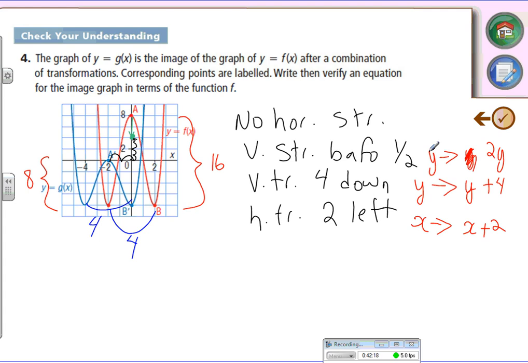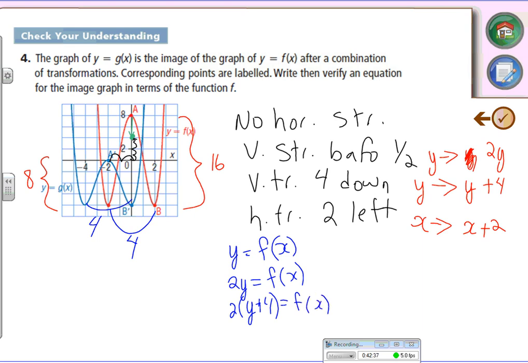So we're starting with the f of x. So y equals f of x. First of all, do your stretch. 2y equals f of x. Then substitute with brackets, y plus 4 equals f of x. And then last step, 2 bracket, y plus 4 equals f of x plus 2.